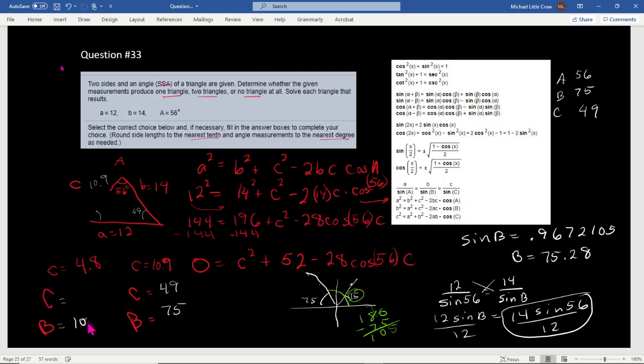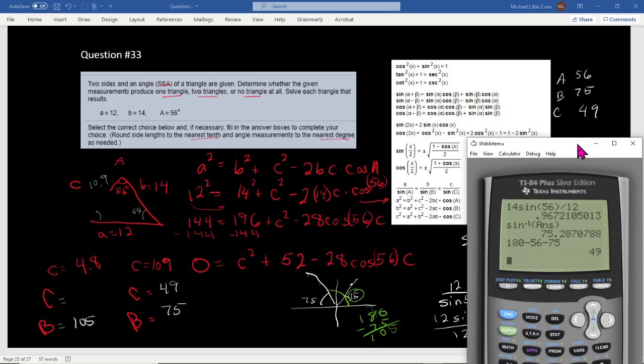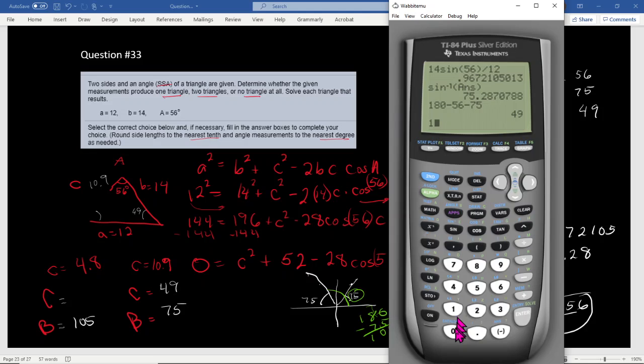B is going to be 105, A is 56, and so C is 180 minus those two together. So C is going to be 180, subtracting off the 56 for A and the 105 for B. Oh, 180, not 108. You can't get a negative angle for a triangle, it wouldn't work. So it's 19.